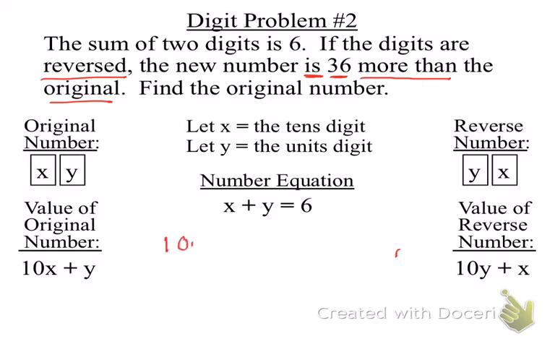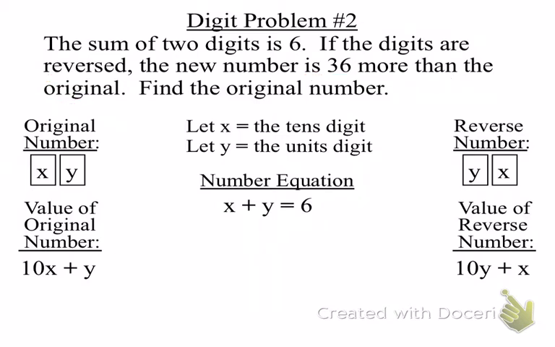Hold on. 10y plus x is what I put for the reverse. Ted, what do I put for is? Equal. Now I have 36 more than original. So it would be 10x plus y plus 36. There are your two equations. Okay, is there anyone confused how to get that second equation?